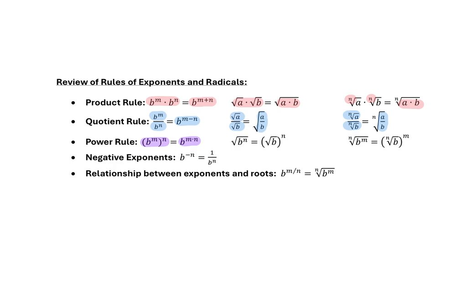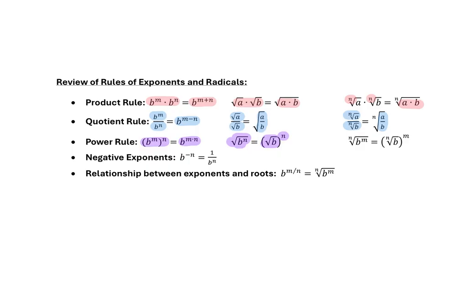We have a power rule for square roots, and basically what this says is if you take b and raise it to the n, and then take the square root, it's going to be the same thing as if you take the square root of b and then raise it to the nth power. So these are going to be interchangeable. You can decide which one you want to do first.